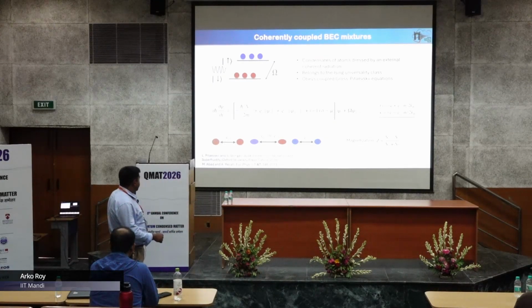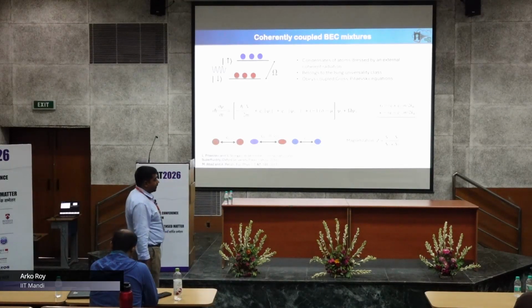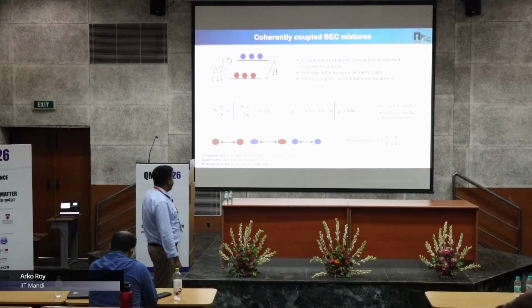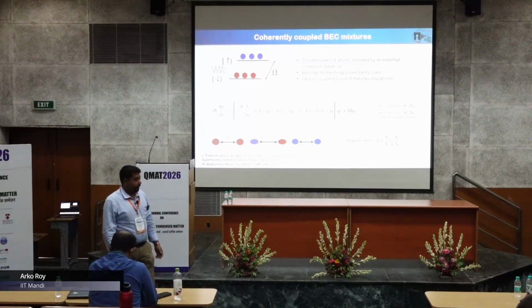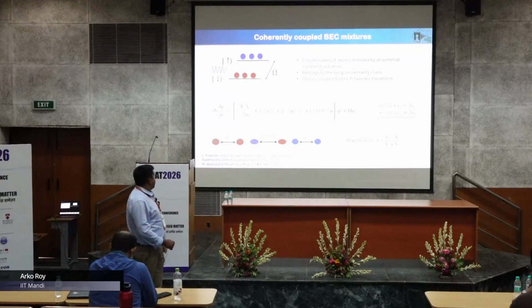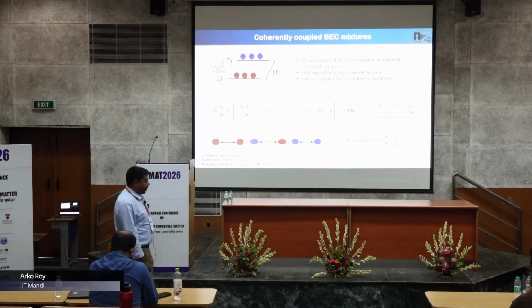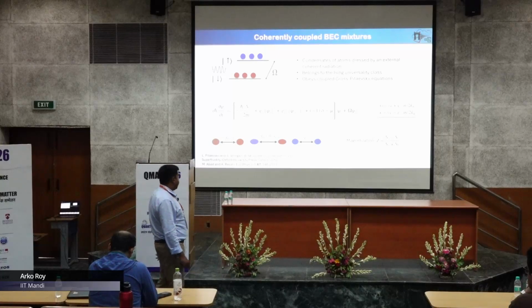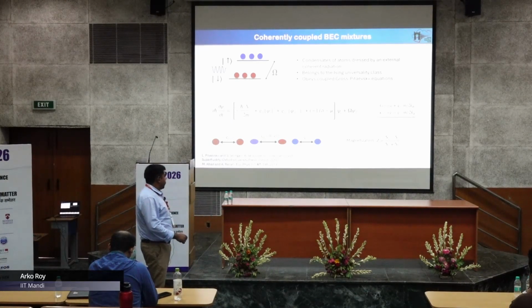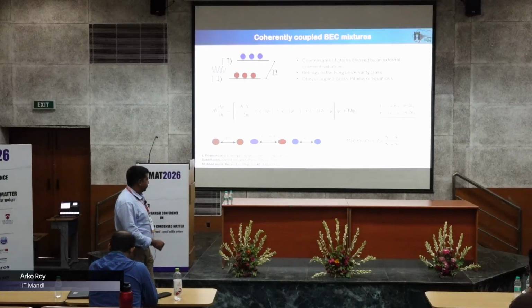So there is a constant interchange of atoms from one level to the other, depending on the interaction terms and the omega term, which is the strength of the coupling. One can achieve a ferromagnetic condensate, as in one of the states can be highly polarized, or you can have an equal number of atoms in both the states, corresponding to a paramagnet. So this is the coupled Gross-Pitaevskii equation with a linear term sitting out here.